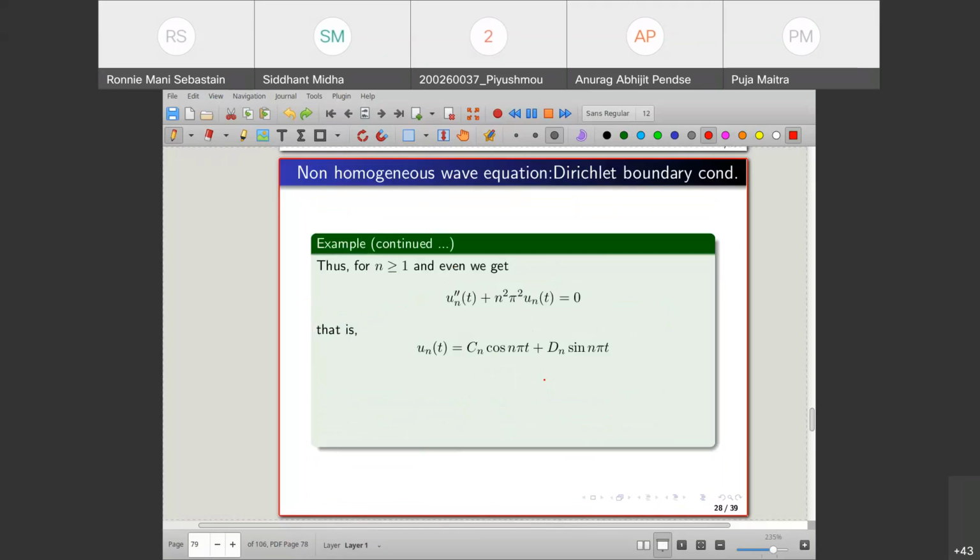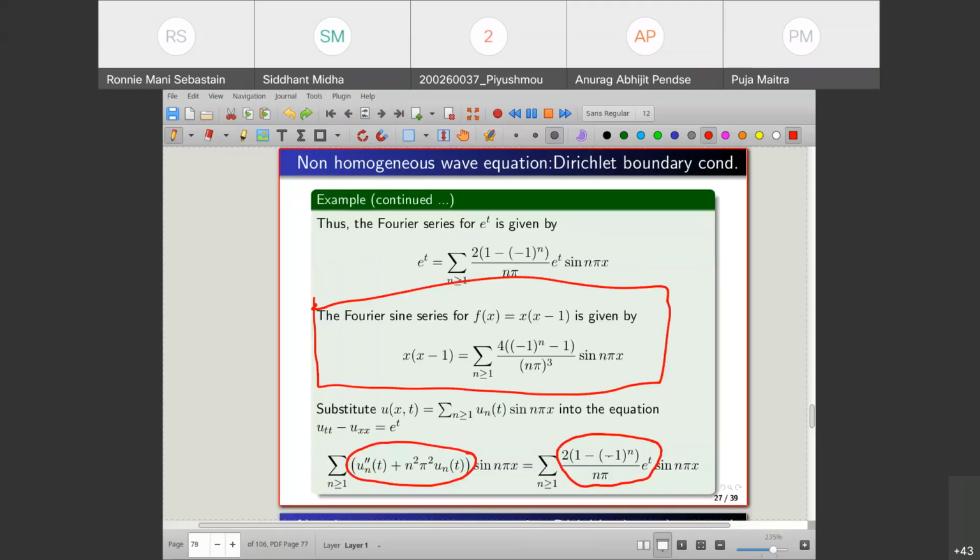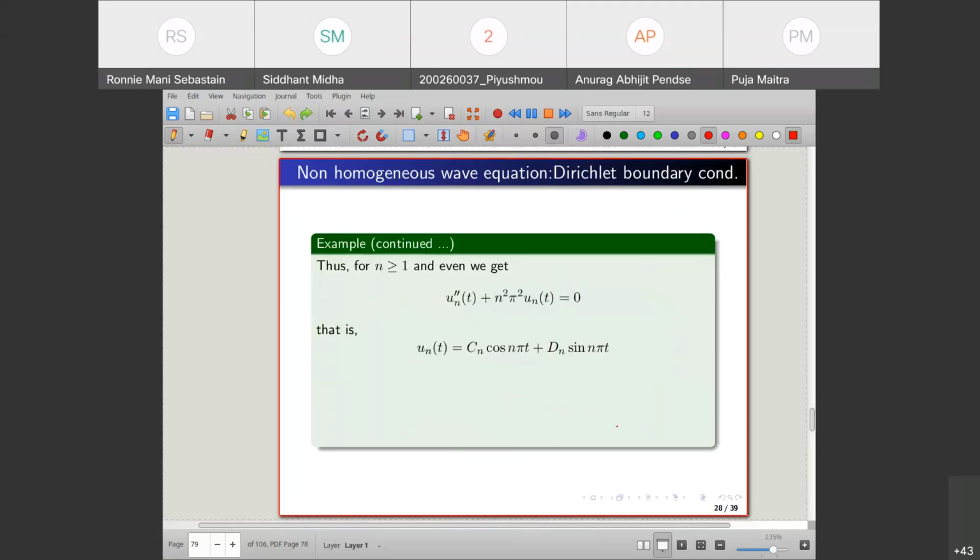So for n greater than or equal to 1 and even, this term becomes 0. So therefore we get this differential equation which is satisfied by Z_n(t), which implies that Z_n(t) is some linear combination of cos(n pi t) and sin(n pi t).